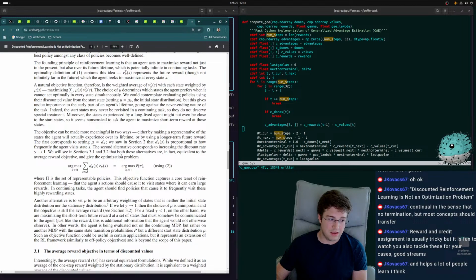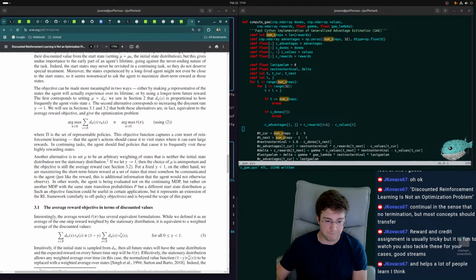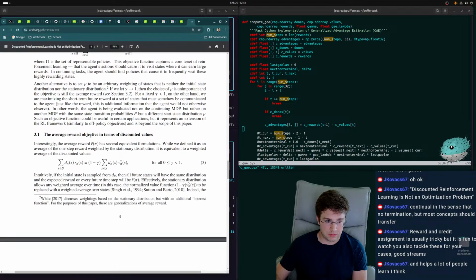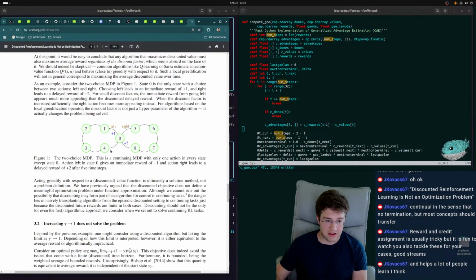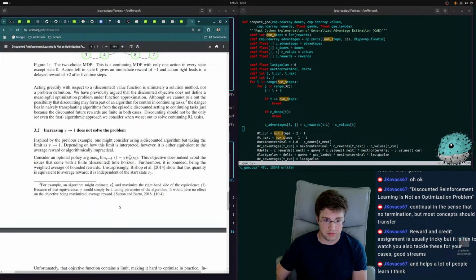So, like disproof by counterexample of the thing actually working. But the thing is, do they actually have any alternative to this?